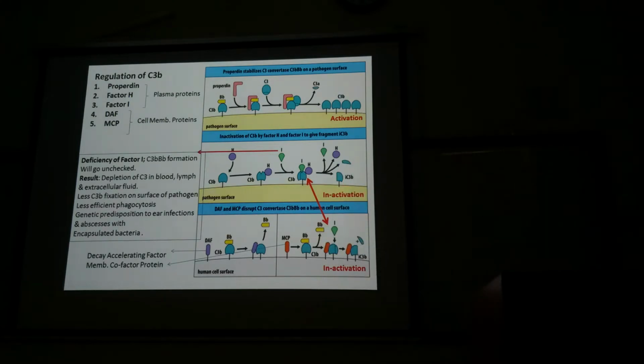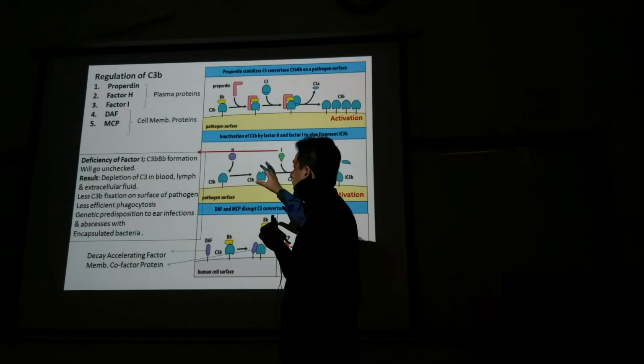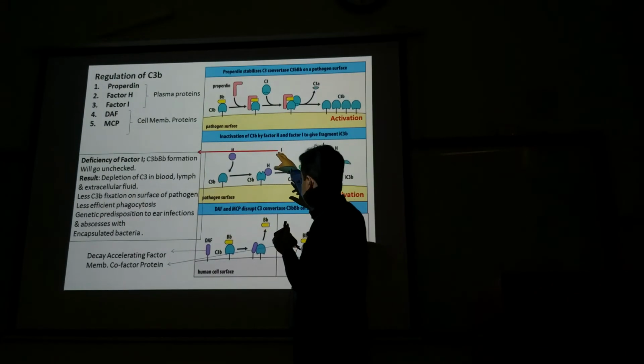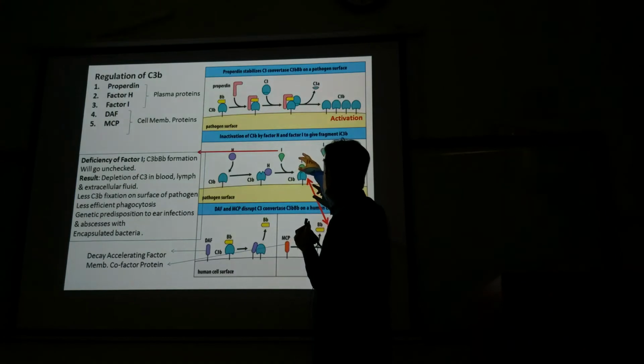Whatever was needed has already been accomplished. So now the process has to stop. And for that purpose, there are other proteins or peptides inside our bodies. For instance, this one, the inactivation of C3b by factor H and factor I to give fragments iC3b.